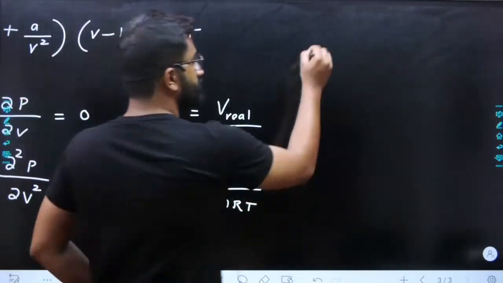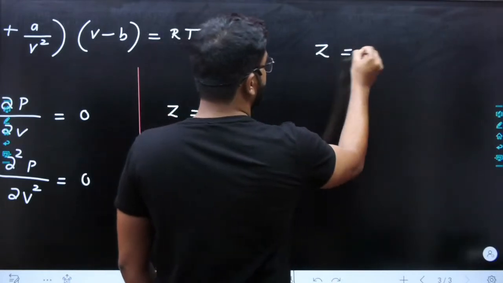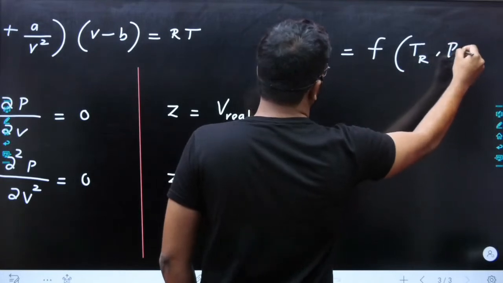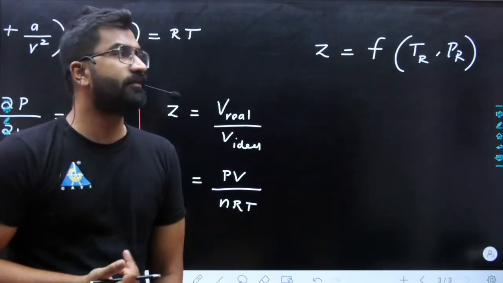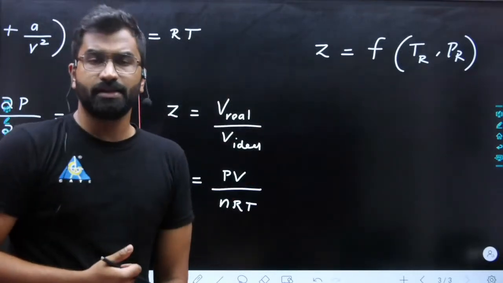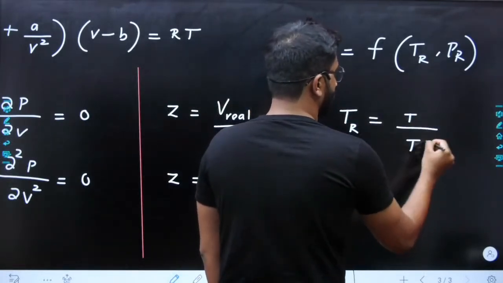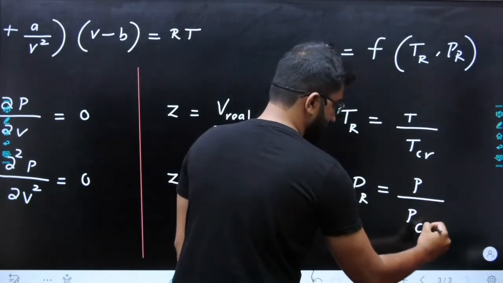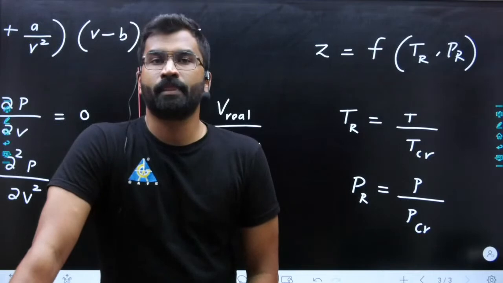Compressibility factor can be calculated based on TR and PR, the reduced temperature and reduced pressure, where TR is the temperature divided by critical temperature, and PR is pressure divided by critical pressure. These are the equations you need to remember in the pure substances chapter.